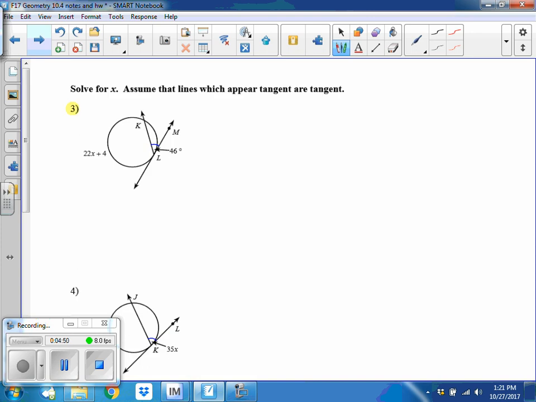Let's look at number 3. Now we have to solve for x. I know that this angle here is 46 degrees, which means if I want to know the measure of this arc, all I have to do is multiply that by 2. So 2 times 46 degrees is 92 degrees. Now if I add up the distance all the way around, I have 2x plus 4 plus 92 degrees.